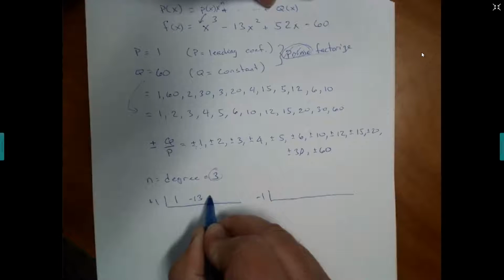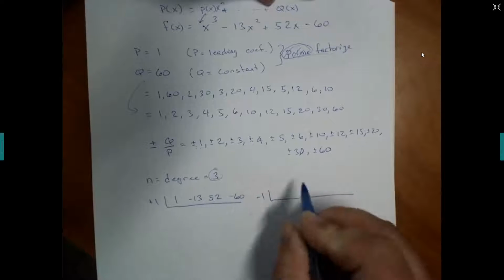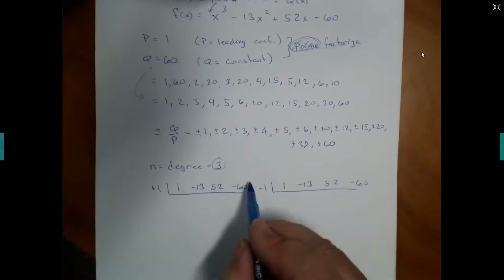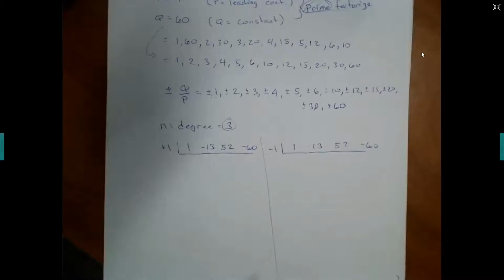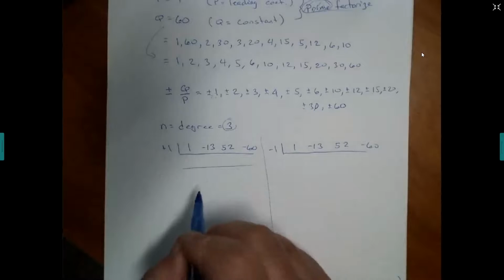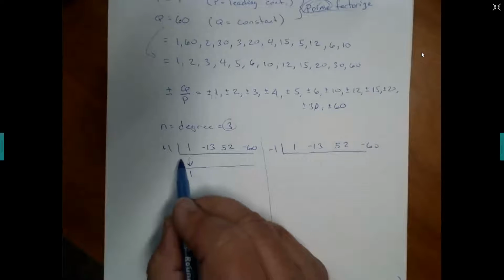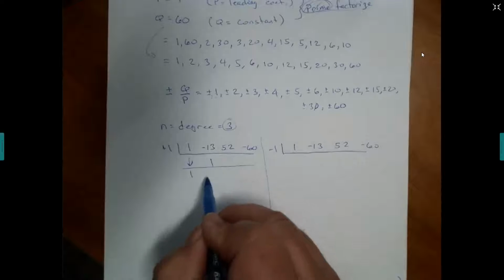We're doing synthetic division here, with 1, negative 13. Bring down the first one. 1 times 1 is 1.